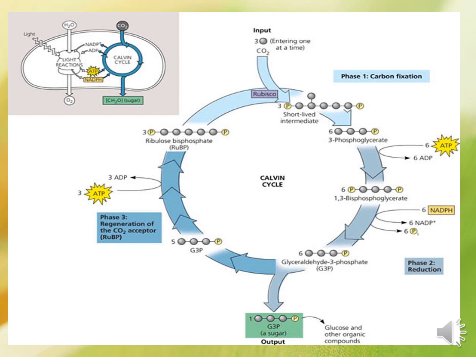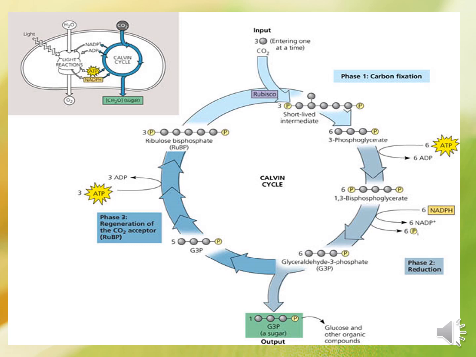From the 18 carbon compound, they produce 3-phosphoglycerate. How many 3-phosphoglycerate can they produce? That originates from the 6 carbon intermediate product from RuBP binding with CO2. Of course, it is 6. So they produce 6 3-phosphoglycerate.